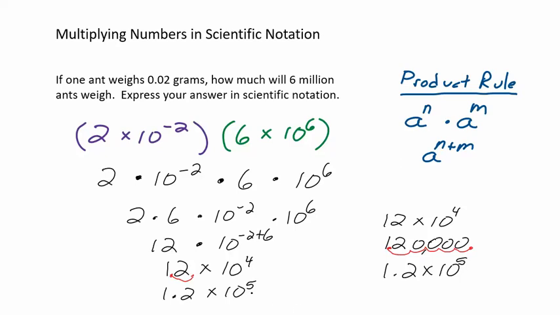So these two numbers would be equivalent. 12 times 10 to the 4th, taking a 12 and moving the decimal 4 places to the right, is equivalent to taking 1.2 and moving the decimal 5 places to the right. All right, so your final answer, you need to write that in scientific notation, which means checking out that a value and making sure that it is between 1 and 10. All right, well, I hope that helps, and good luck.